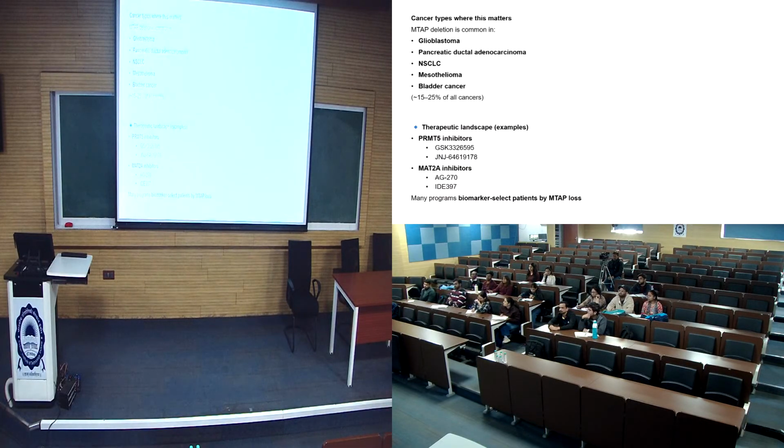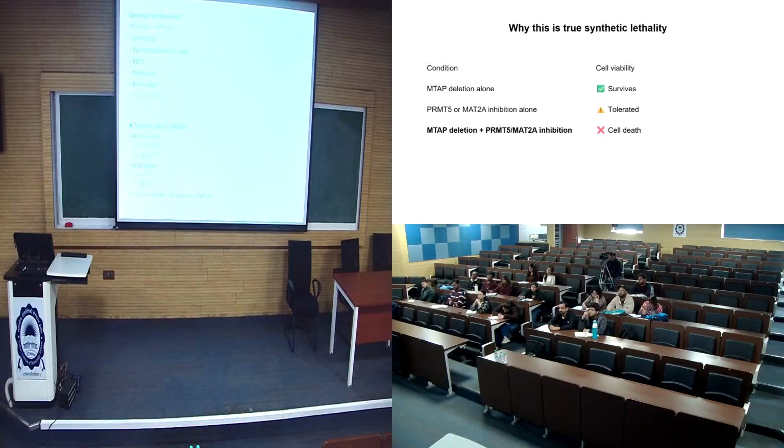They are trying to delete a tumor suppressor, yet it is deleted in glioblastoma, pancreatic cancer, and other cancers. And these inhibitors are there. With MTAP deletion alone, cells survive. If you inhibit MAT2A or PRMT5, they will tolerate it if MTAP is there. But if MTAP is deleted and you inhibit this, it leads to cell death.